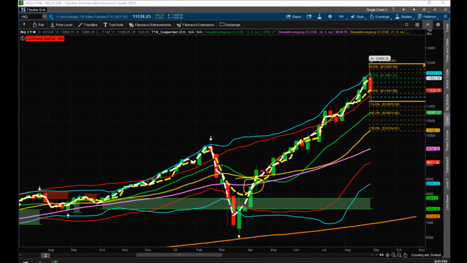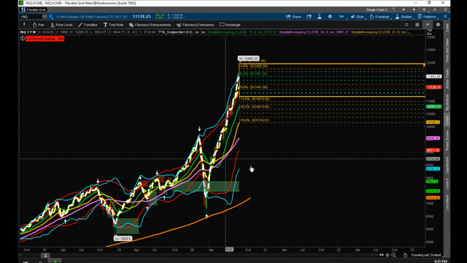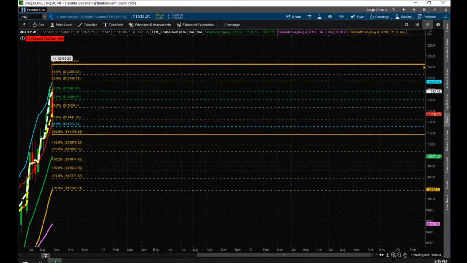Let's see if it shows the crossover on this side. See, this one still doesn't show the crossover clearly.